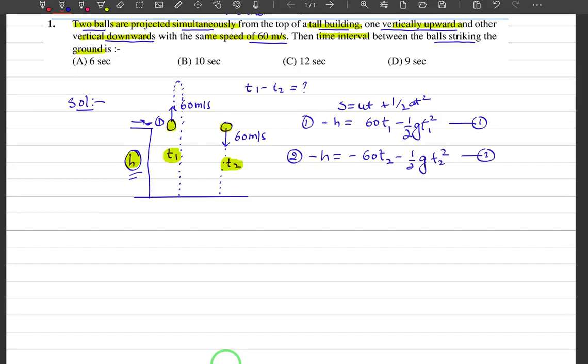Equation number 2. We need to solve basically these two equations because we have to find t1 minus t2. So we can equate them. After equating, it is 60 t1 plus half g t1 square equals minus 60 t2 plus half g t2 square.